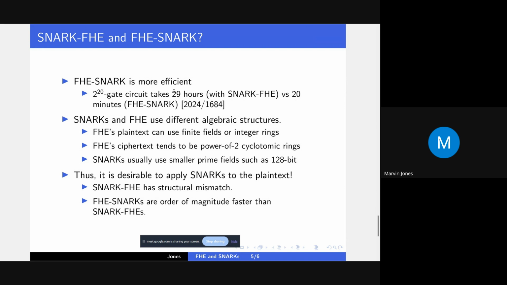And while I said that it matches better with the plain text, that doesn't mean you give the server the plain text. You can use traditional commitments that are going to be friendly to protecting your data with hiding properties.